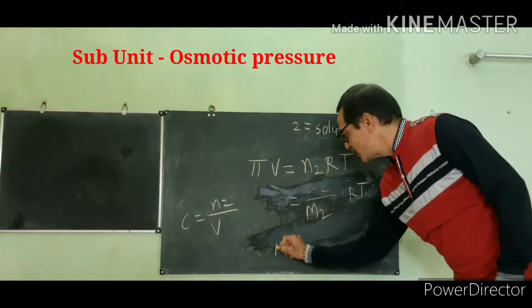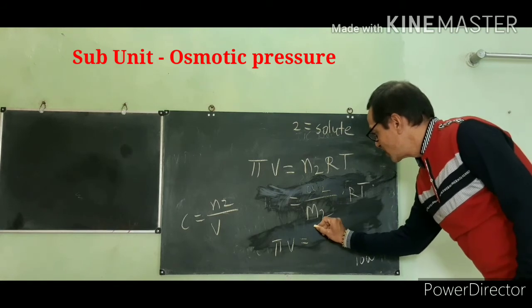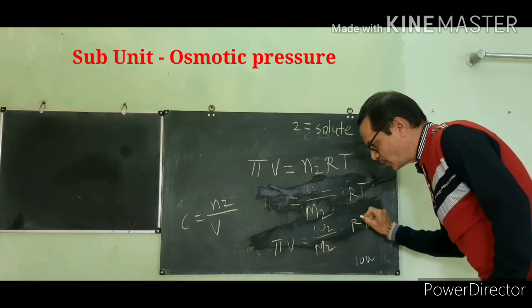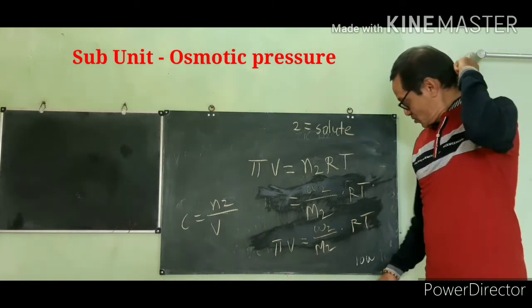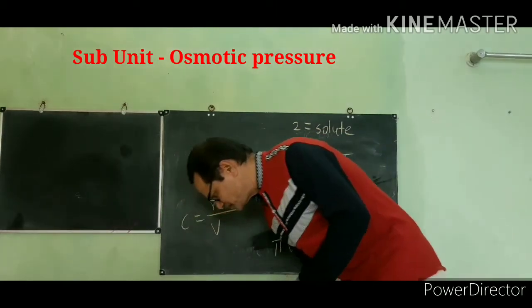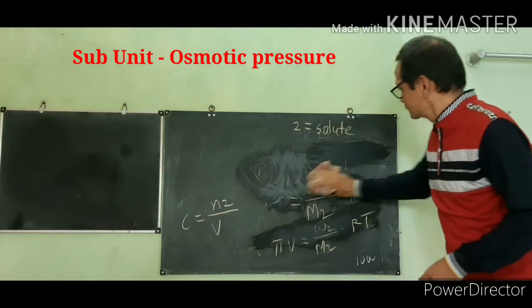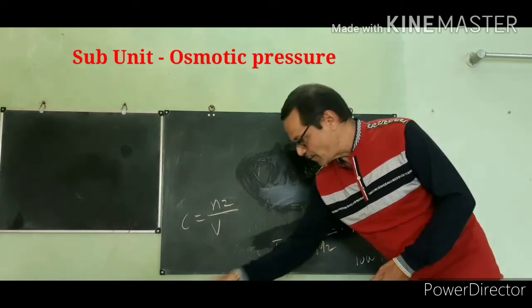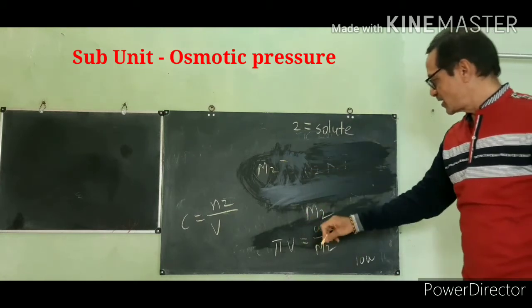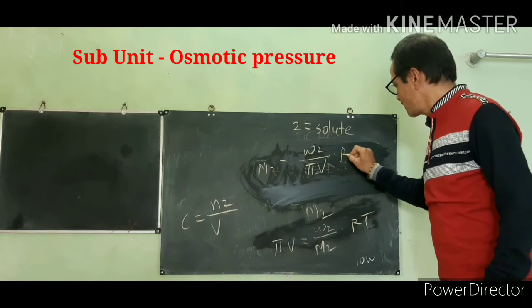So the molecular weight of the unknown salt, M2, is equal to W2 RT upon pi V.